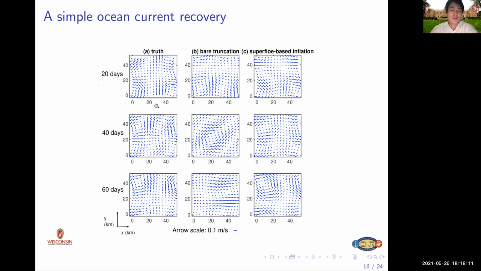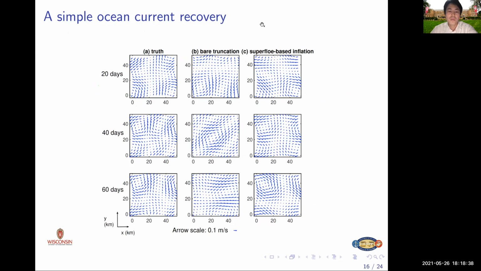The left column here, panel A, shows the truth. The field looks like this at 20, 40, and 60 days. And then these are the assimilated ocean currents using the bare truncation in column B, and using the superfloe-based inflation in column C here.